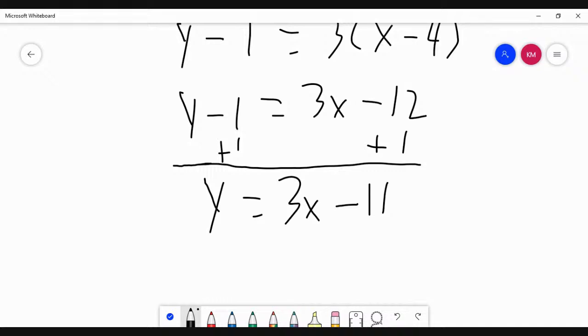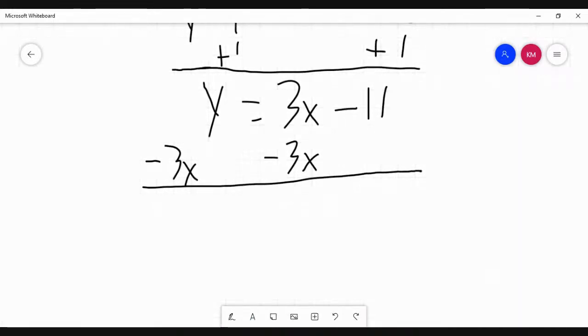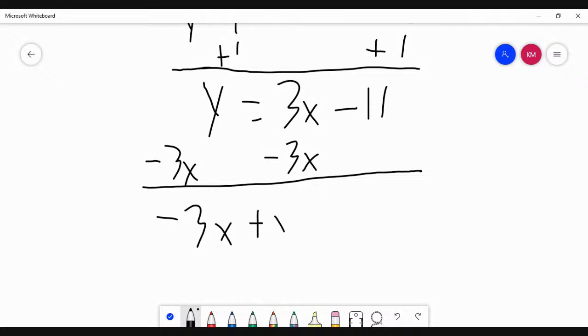After I have my 3x minus 11, I then can subtract my 3x on both sides. And my standard form is negative 3x plus y equals a negative 11.